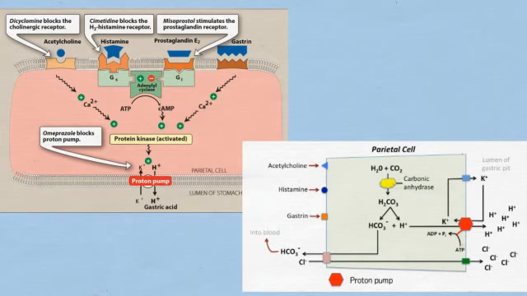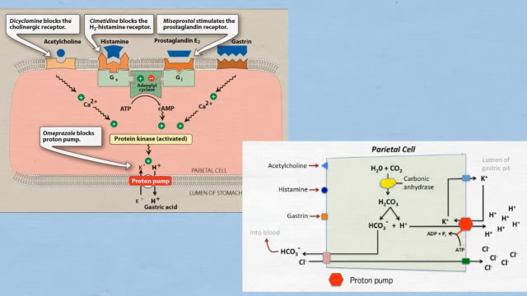This proton pump is known as the hydrogen potassium ATPase pump, which allows the proton to be secreted in the lumen of the stomach, as you can see in the figure. The proton is secreted into the lumen of the stomach in exchange for potassium ion.